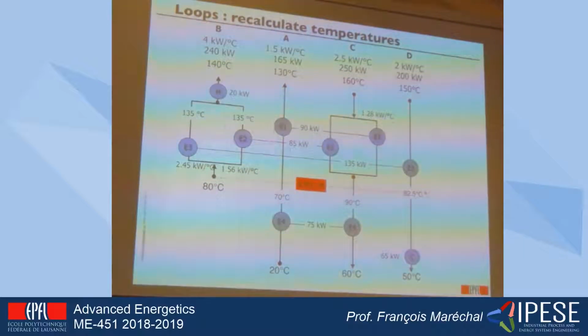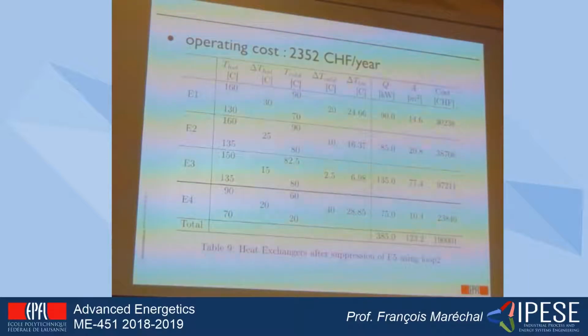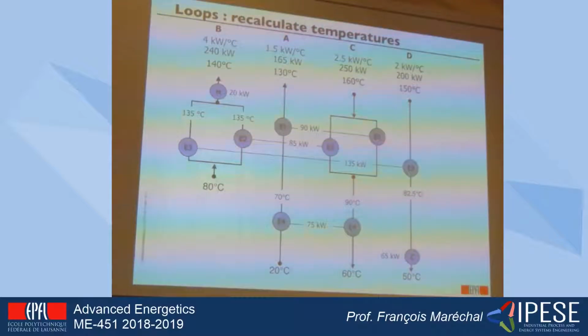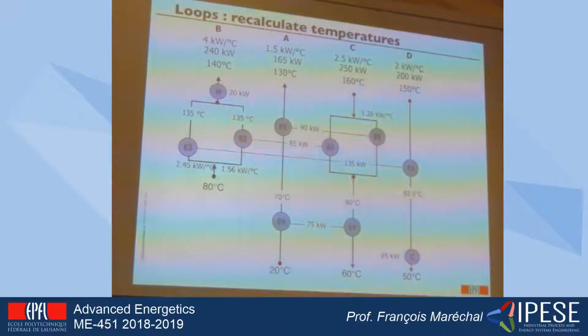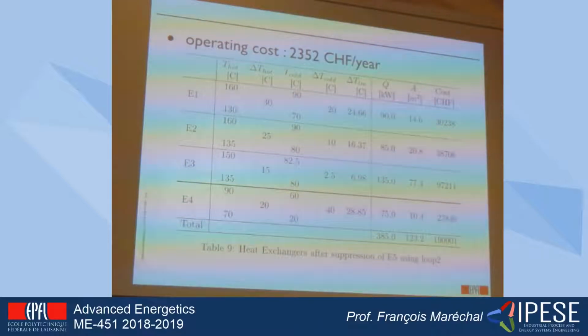Okay? So now I'm going to evaluate, and the heat exchanger E3 will most probably have a big area, because it has a very small delta T minimum, or delta T. And this is shown here because it is the one that has the highest cost in the system.